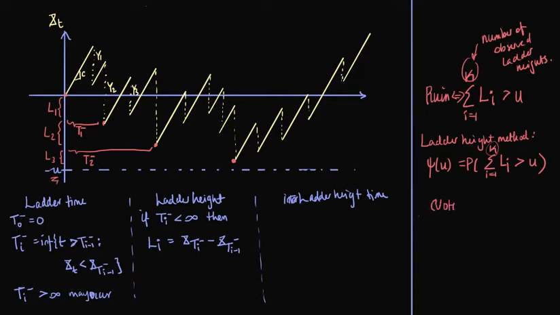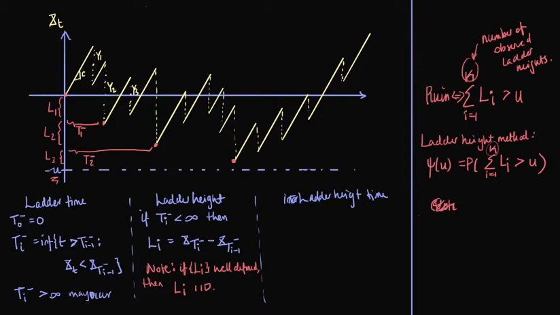So note, if the ladder heights are well defined, then they are IID.